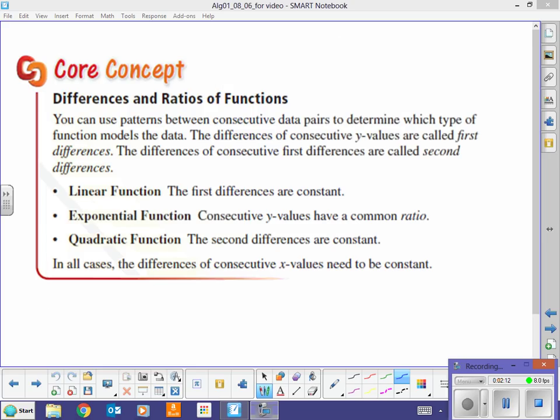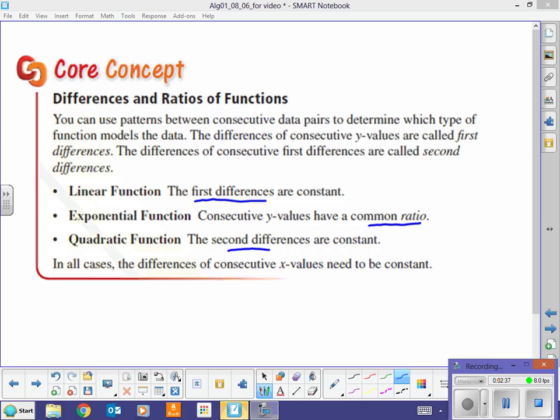The main way that we can do this is by looking at differences and ratios of the functions. We know that linear functions have a constant difference, the first differences. Exponential functions have that common ratio. We've seen that. Quadratic functions, the second differences are constant.